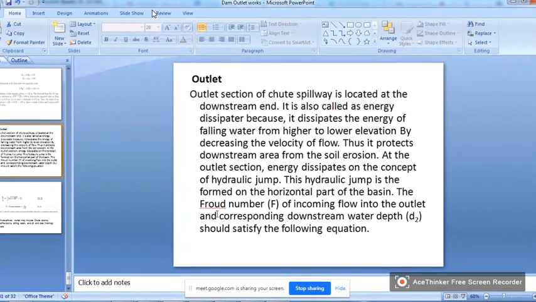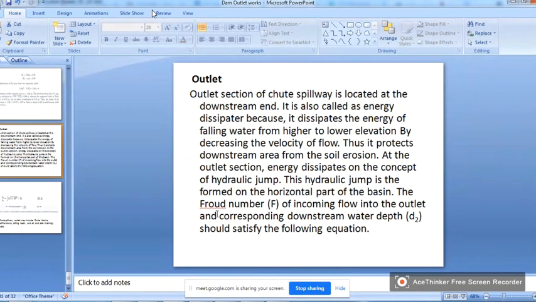Outlet section. The outlet section of a chute is located at the downstream end. It is also called an energy dissipator because it dissipates the energy of falling water from a higher to a lower elevation by decreasing the velocity of flow.